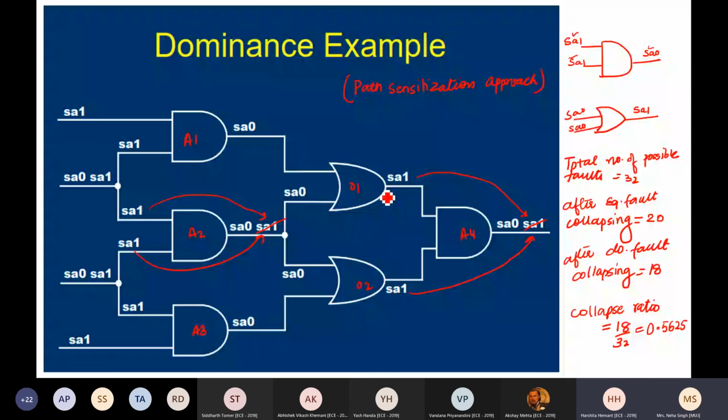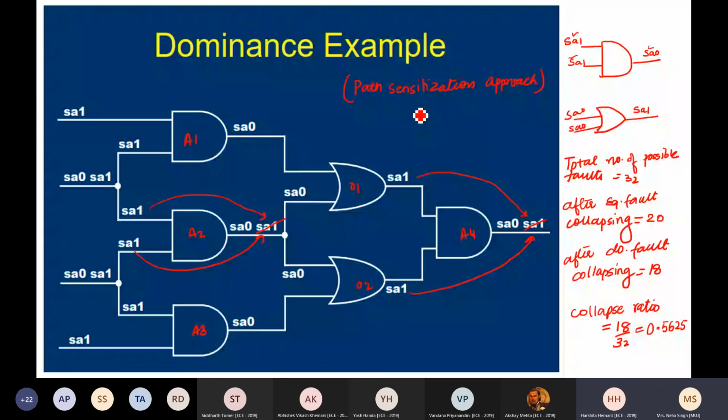Your inputs should be able to control the fault and the fault should be observable at output. So if we are tracing the path over which the fault is being propagated, we say we are sensitizing the path for that fault.